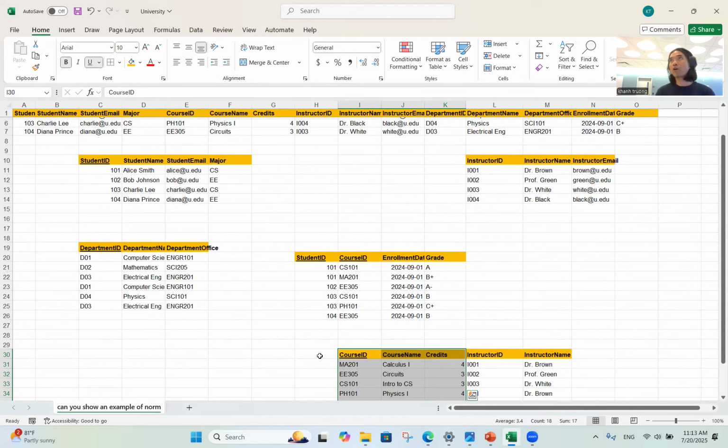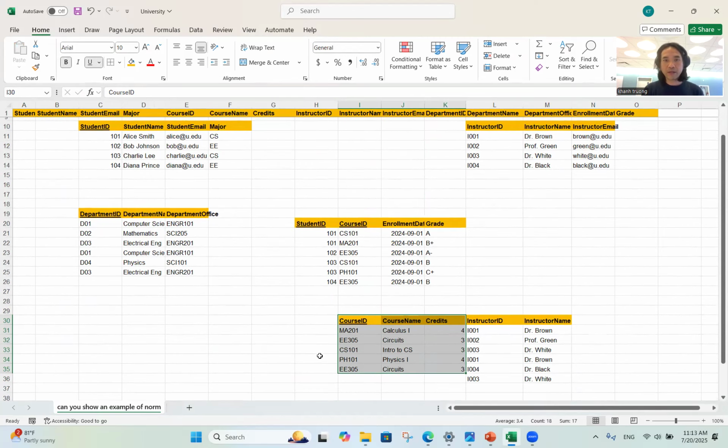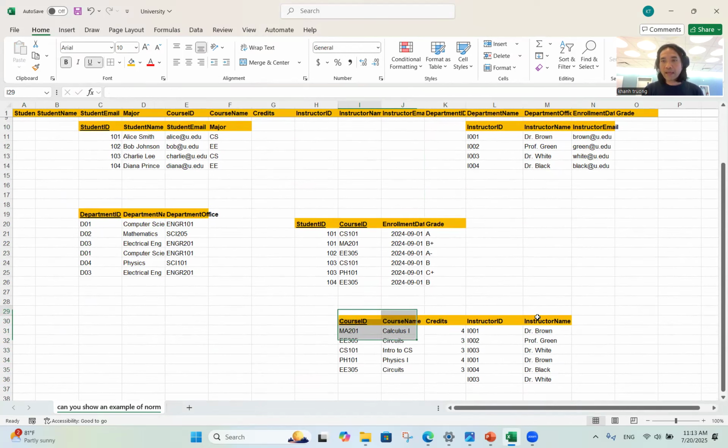So this is going to be our newly revised course table, right? Because now everything depends on the primary key. The enrollment depends on the student ID and the course ID. And the grade that the student gets for each course depends on the student ID and the course.